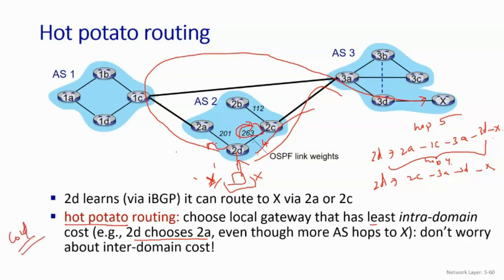In cold potato routing, the 2D router decides the route to reach X based on the reachability of AS3. AS3 is reachable only through 2C, so the reachability of AS3 is faster, or the number of links is limited. With cold potato routing, the route selected will be 2D, 2C, 3A, and X. By default it is hot potato routing.